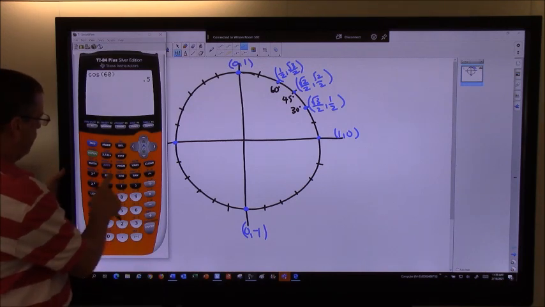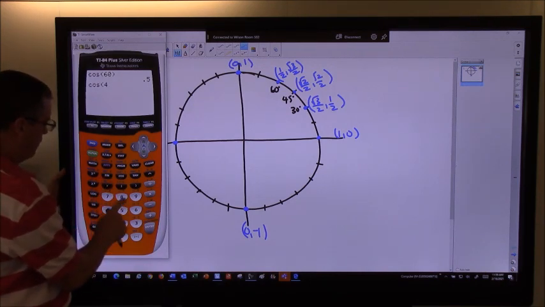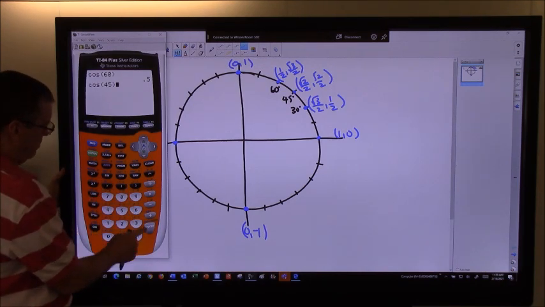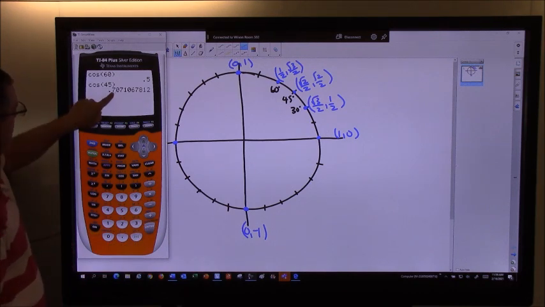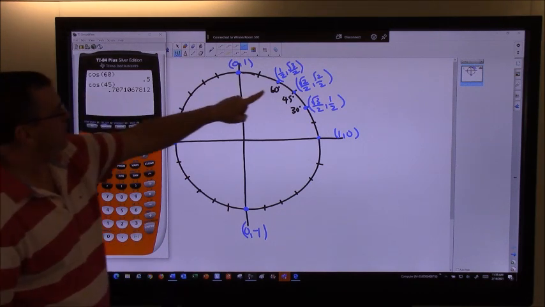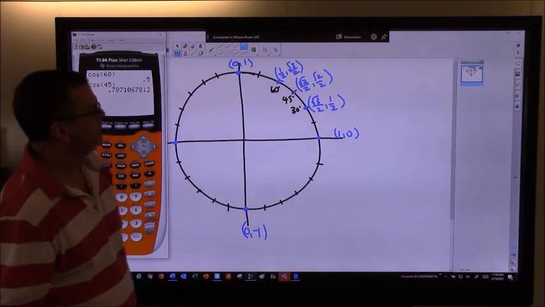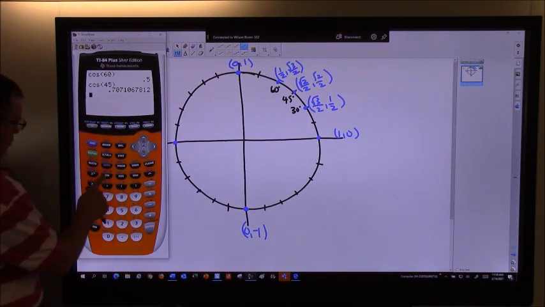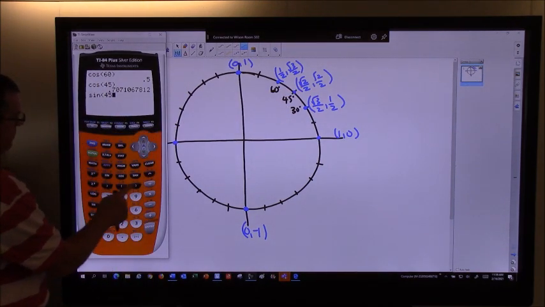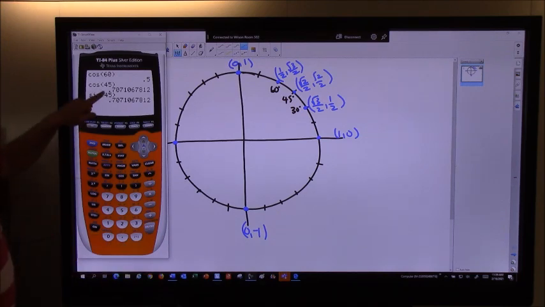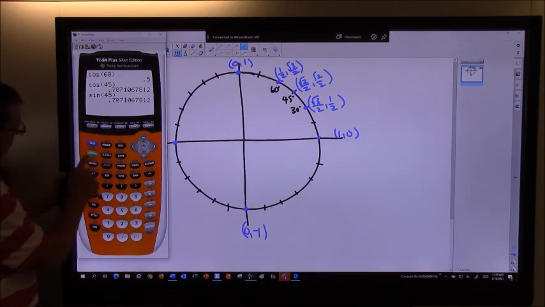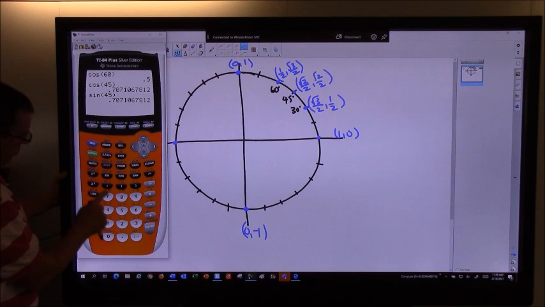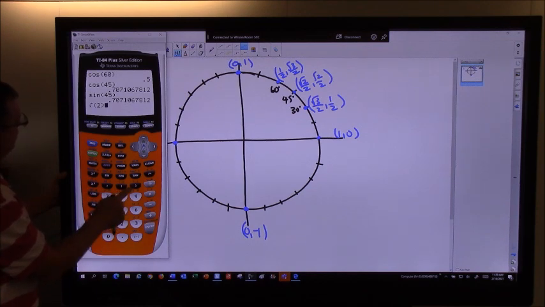If I do cosine of 45 degrees, that's the decimal equivalent of root 2 over 2. Okay? And if I do sine of 45, I get the exact same thing. Both of those decimal numbers are the square root of 2 divided by 2.